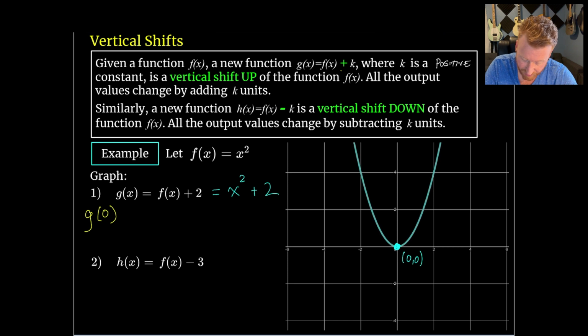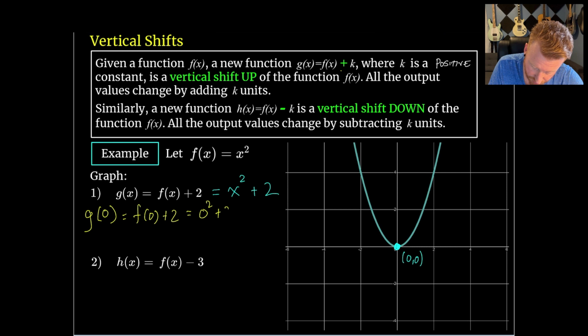But let's verify that. I know that g of 0 should be f of 0 plus 2. So 0 squared plus 2, and just to be explicit, this gives us 2. So I have an input of 0 and an output of 2, which means that my new point will be right up here.